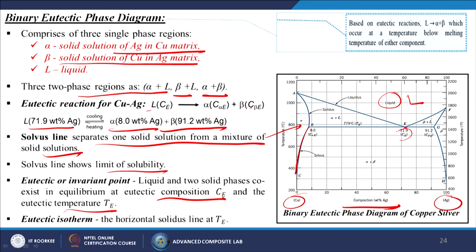This is Ce at this particular point, and Te is 779 degrees centigrade. The eutectic isotherm is the horizontal solidus line at Te.